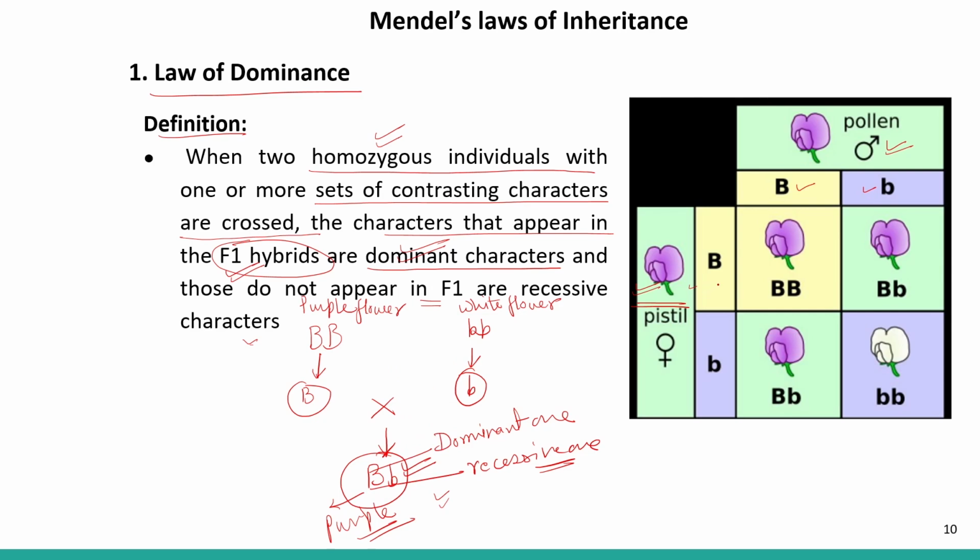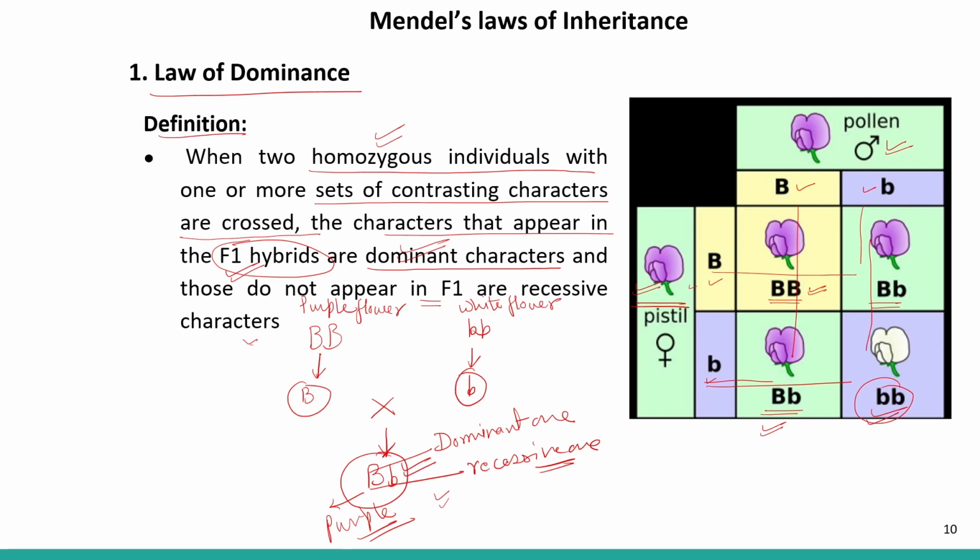The same way, the pistil will give capital B and small b type of gamete, right? So when there is a combination of capital B and capital B, then there will be capital B capital B, that is pure purple flower. And this combination, capital B and small b, will be hybrid purple. Now this one, small b and capital B, that will be capital B and small b type, again hybrid purple. Now this one, small b and small b type, will be white flower, right?